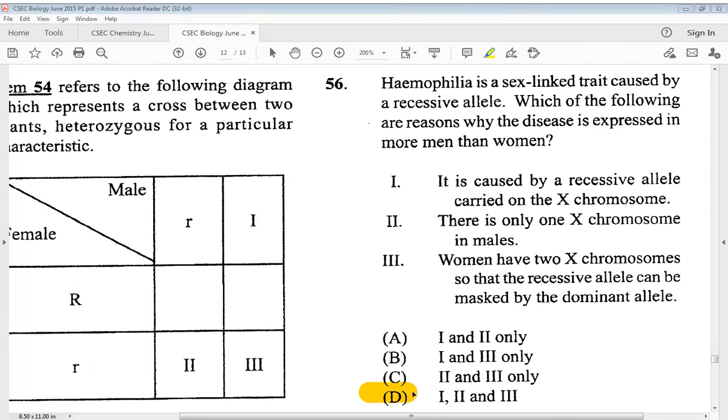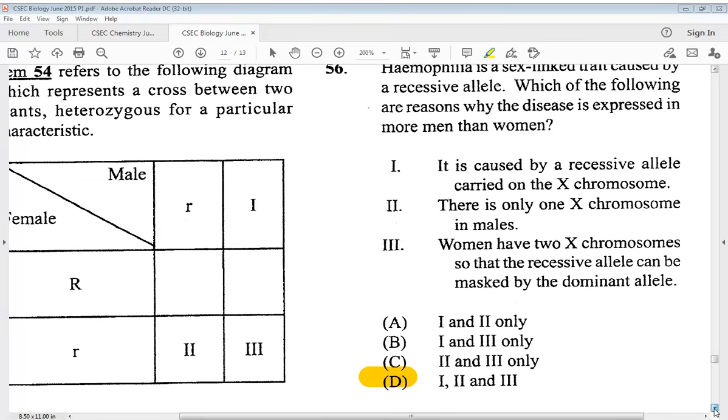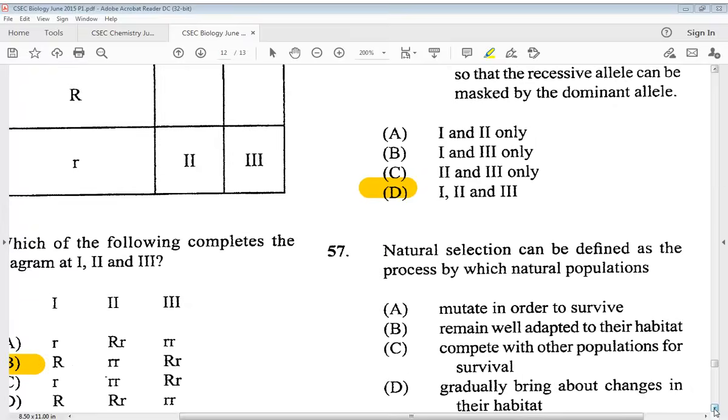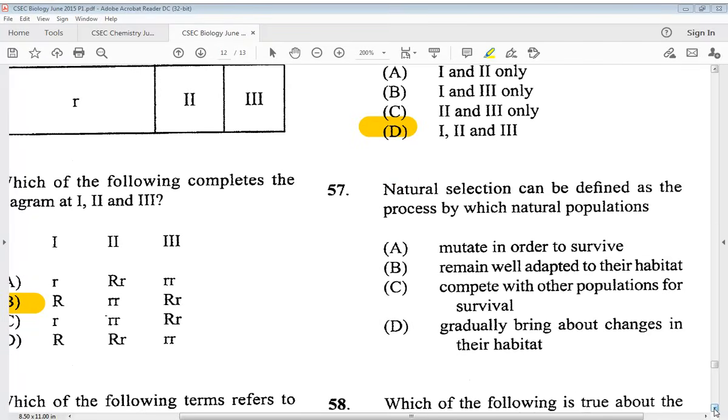So D would be your answer. 57. Natural selection can be defined as a process by which natural populations, the answer for 57 is B, remain well adapted to their habitat.